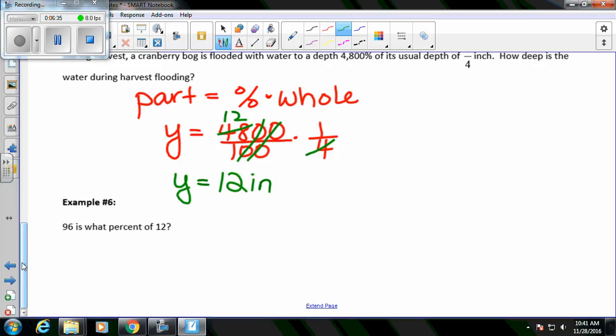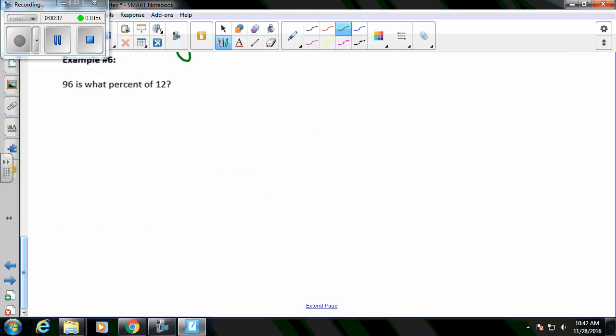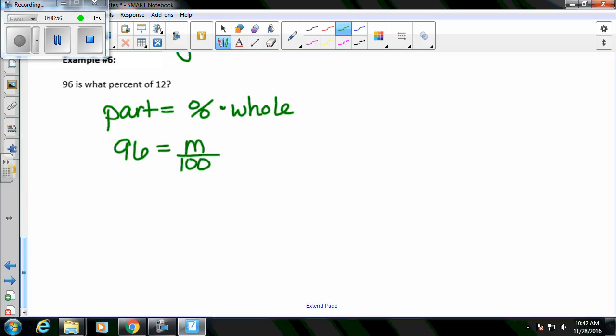The last example we have here, 96 is what percent of 12? So remember, we have the part equals the percent times the whole. The part is 96 right now. My percent, some number over 100, times the whole of 12.